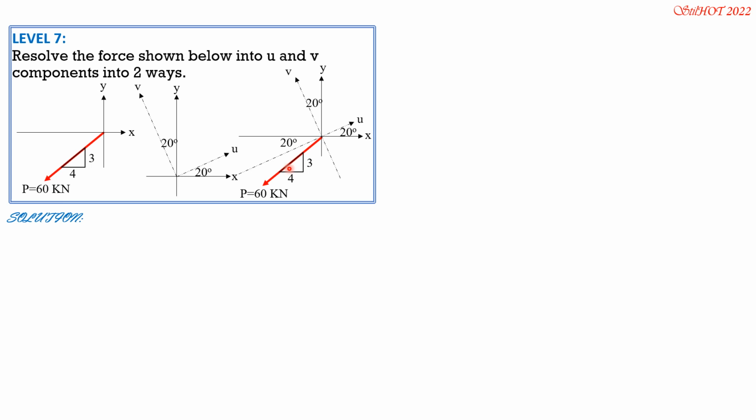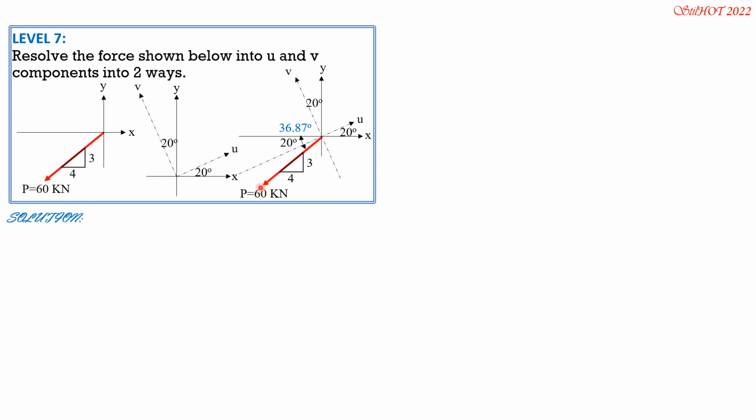So tangent of theta is 3 over 4. So inverse tangent of 3 over 4 is 36.87 degrees. So since this is 20, this angle therefore is 36.87 minus 20, so 16.87.